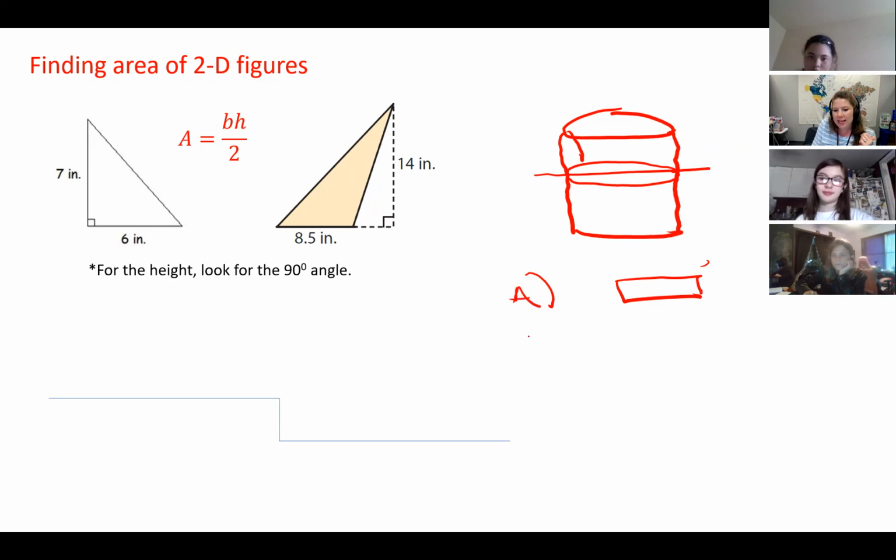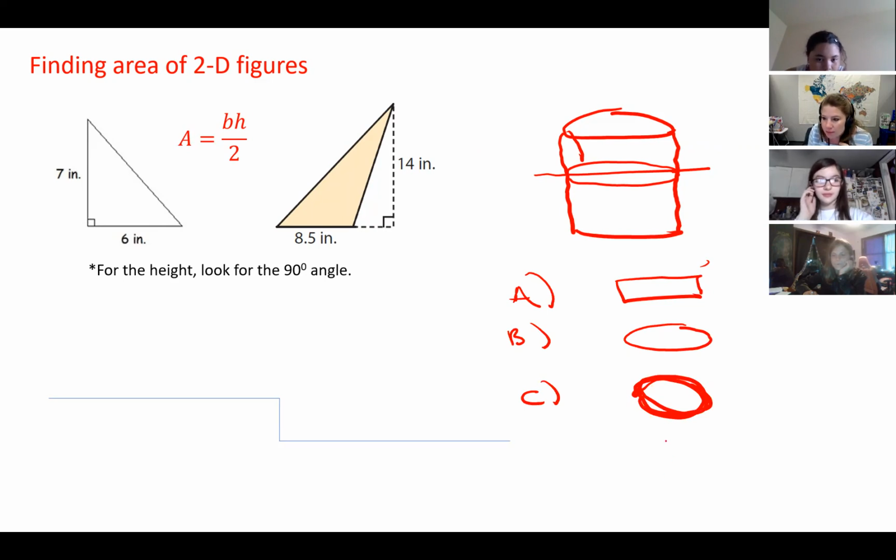Let's say that's choice A. Let's say choice B is an ellipse. And let's say choice C is a perfect, beautiful circle that I can't draw, but pretend that's a perfect circle. What choice are you going to pick, girls?